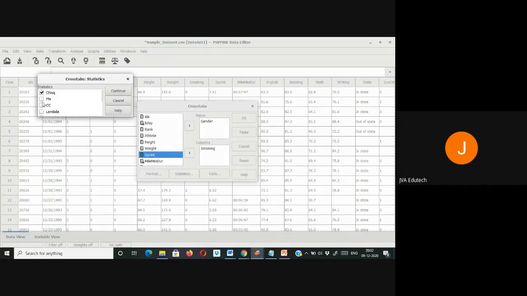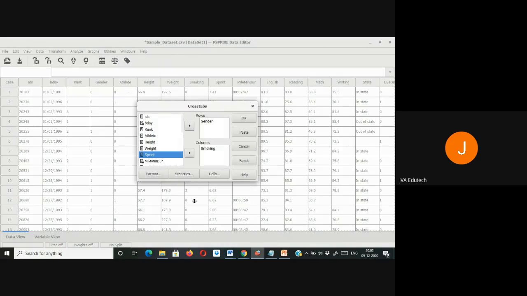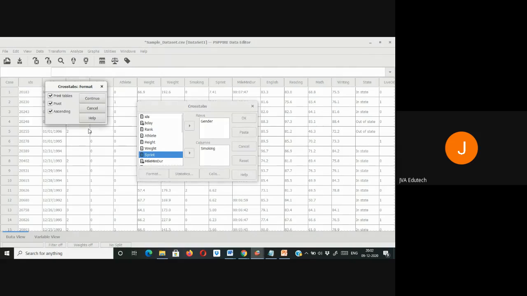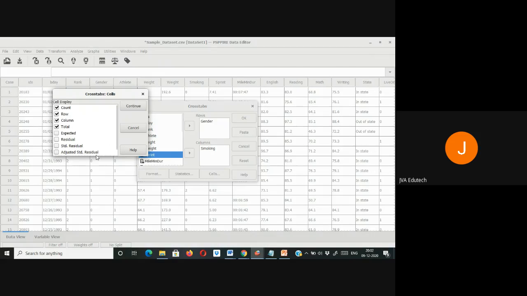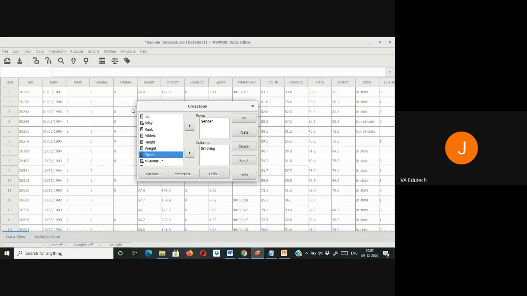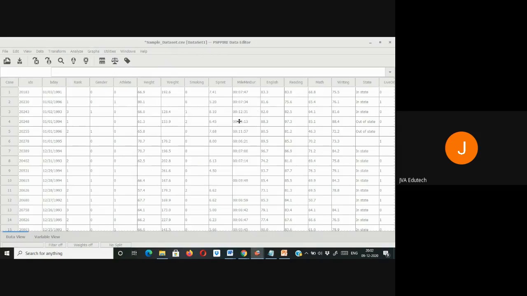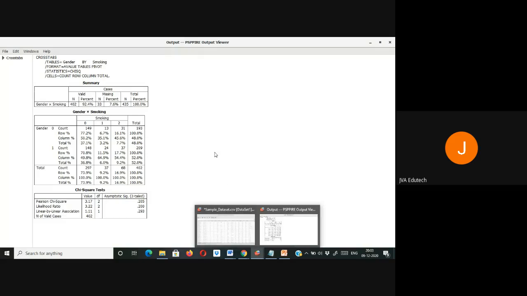In statistics, chi-square is selected by default. Continue. Format, it's okay by default. Cells, okay. Continue. Click on OK. Now you have got here.